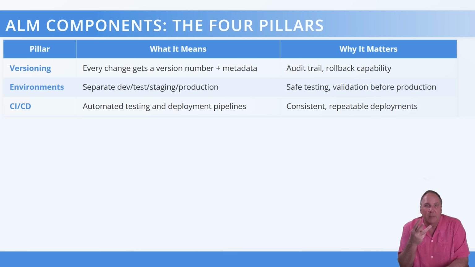Third, CI/CD pipelines. CI means continuous integration. Every time someone commits code, automated tests run. CD means continuous deployment. If tests pass, code automatically deploys to dev, test, staging environments. Promotion to production usually requires a manual approval gate.